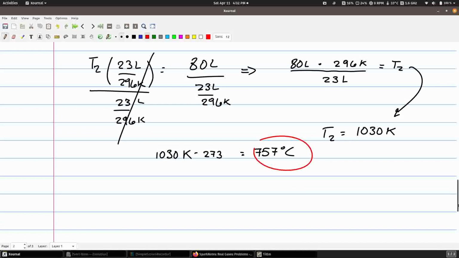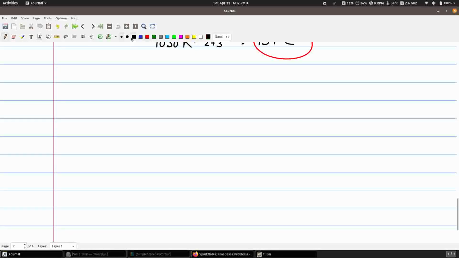If you need to copy this, go ahead and pause the video and do so. I'm going to go on to Avogadro's law. We did not do Graham's law, but anyways, Avogadro's law is just the relationship of the number of particles, or its moles, and its volume.